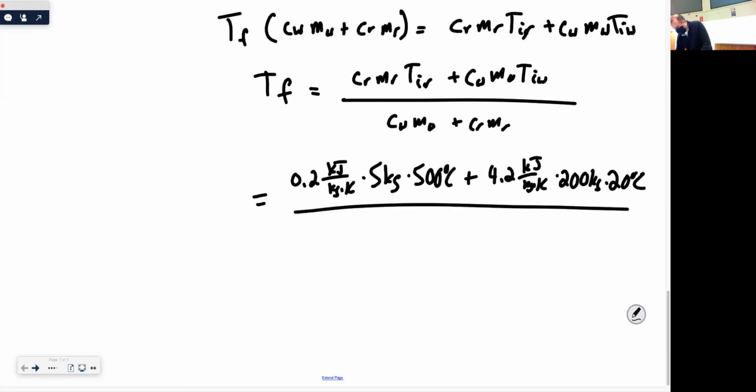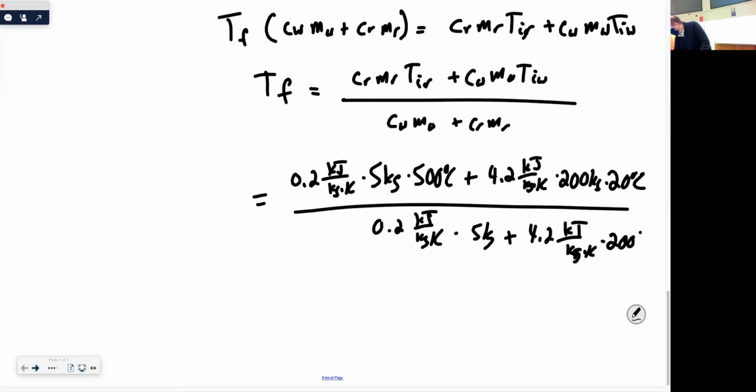All of that divided by 0.2 kilojoules per kilogram Kelvin times 5 kilograms plus 4.2 kilojoules per kilogram Kelvin times 200 kilograms.